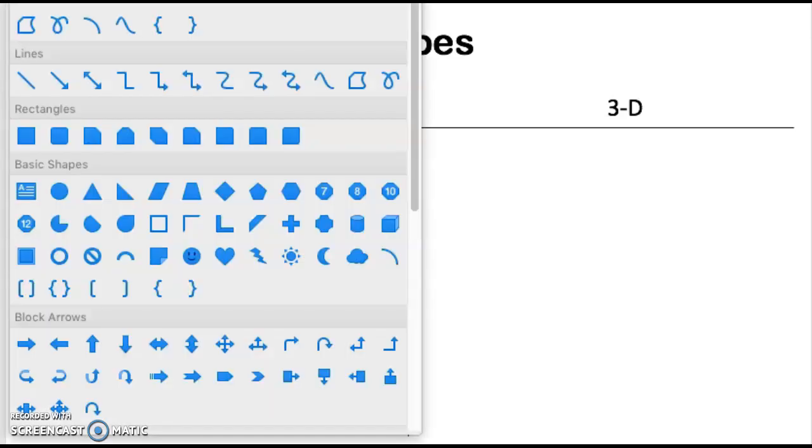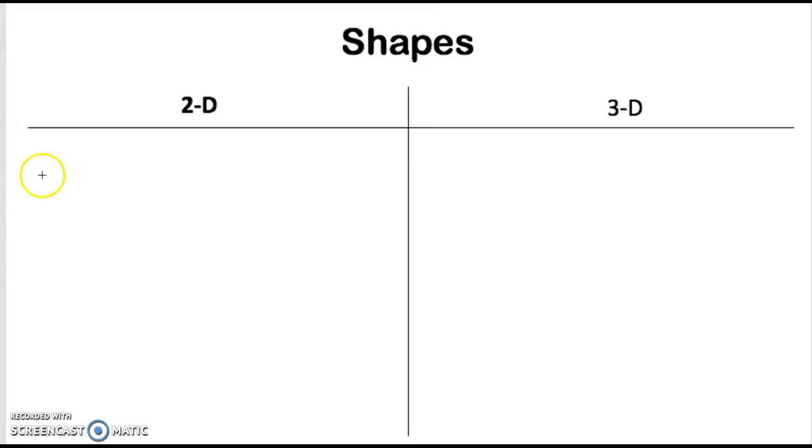The first shape you are going to see me draw has all equal sides. Does anyone know the name of this shape? Right, a square.